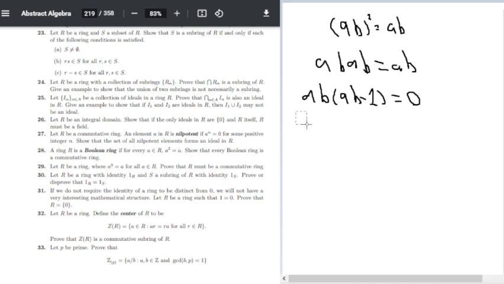Now I'm wondering, alright, if xy is equal to 0, is yx equal to 0? Because I feel like this is the fundamental commutative boost I need.